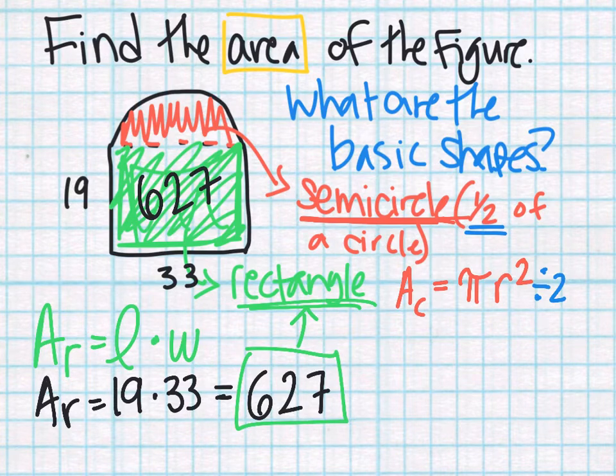So I need to know the radius of this circle. The radius starts in the center and goes halfway across. If I think about it, half of this side right here would equal my radius. This side right here, 33, is the same as my diameter, but I don't want the diameter, I want the radius. So to find the radius, I'm going to do 33 divided by 2.